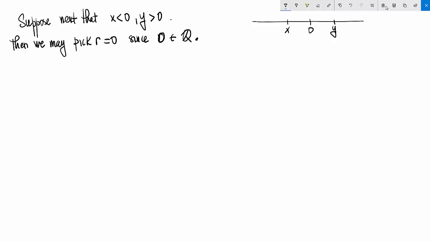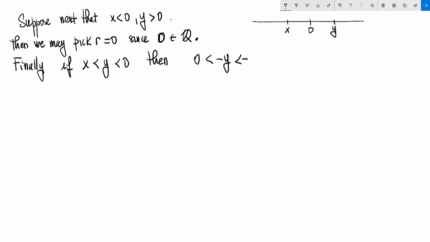So finally, there's the last case, which is the following: if x is less than y, which is less than 0, then by multiplying this compound inequality by negative, we get that 0 is less than negative y, which is less than negative x.